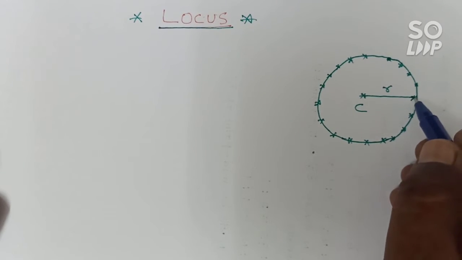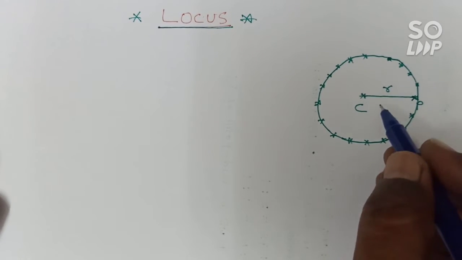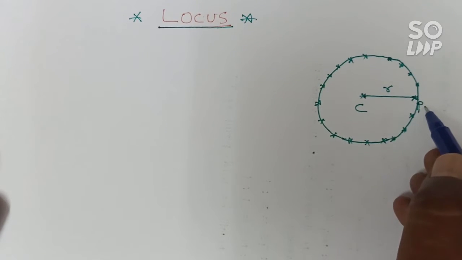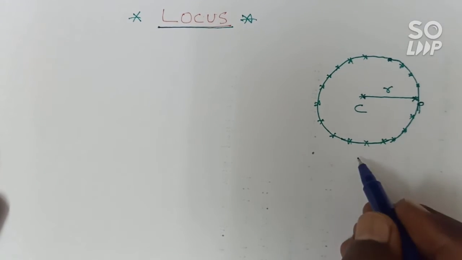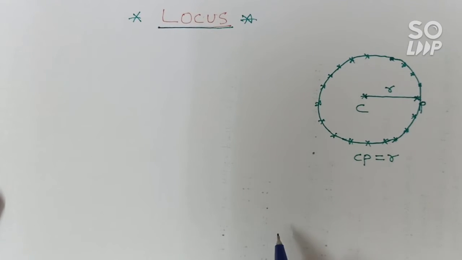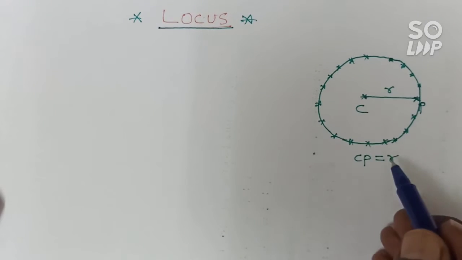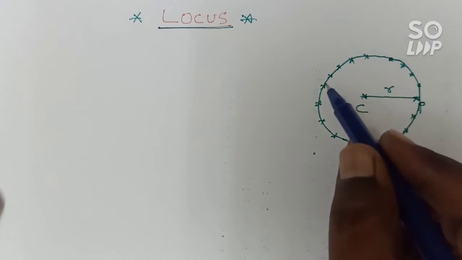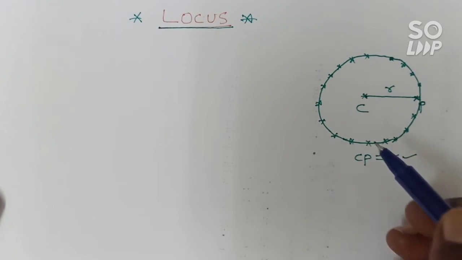Now in this diagram, what is that condition? The distance between C and P, CP, is equal to r. This is the given condition. Now all these points will satisfy this condition, right? Then the set of all these points is called a locus.